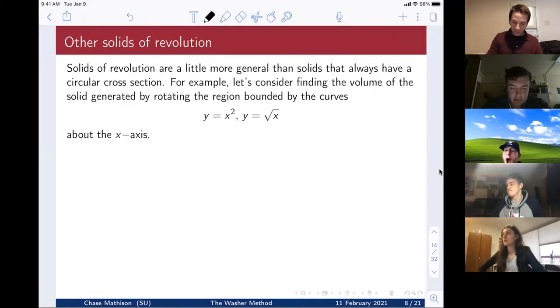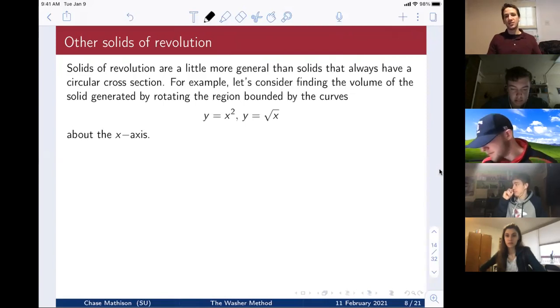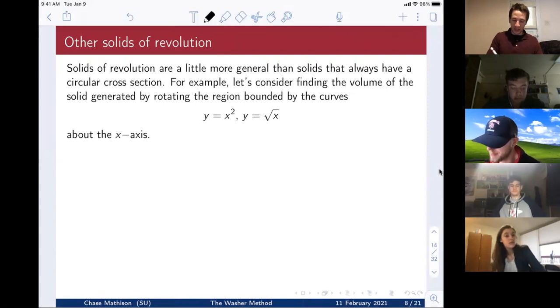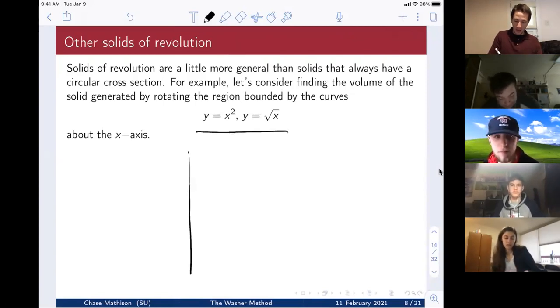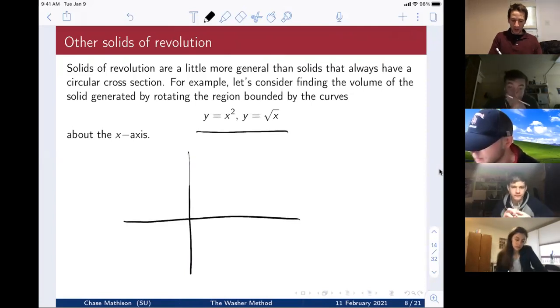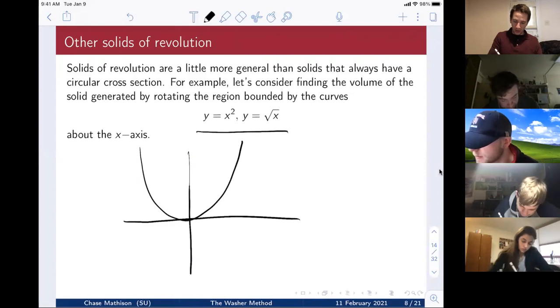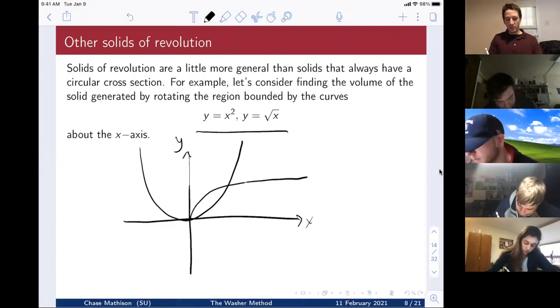Okay. So let's think about taking a region defined by 2 curves and rotating that about the x-axis for a second. If I take the region bound by y equals x squared and y equals the square root of x, this is x, y.